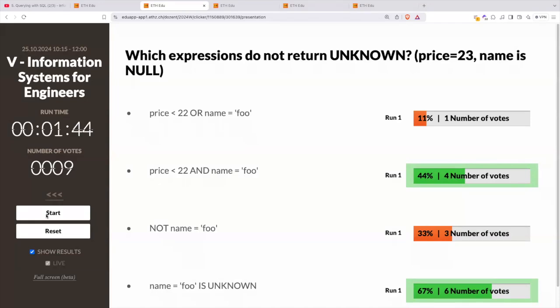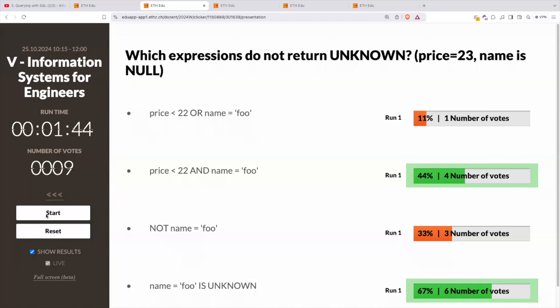So name equals foo, well, name is null, so we don't know. So if name equals foo, which we don't know, is unknown, then it's true that it is unknown, right? So this is why it's actually true. But even without evaluating it, you see is unknown, you know anyway this is true or false. Okay, so that was the easy one.